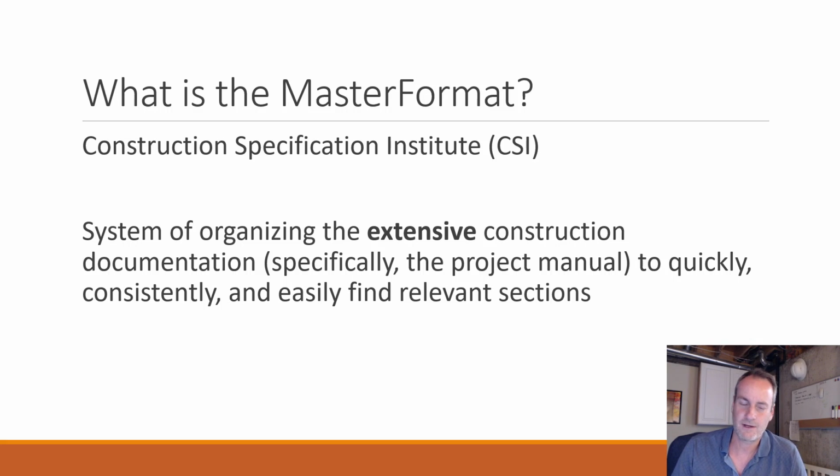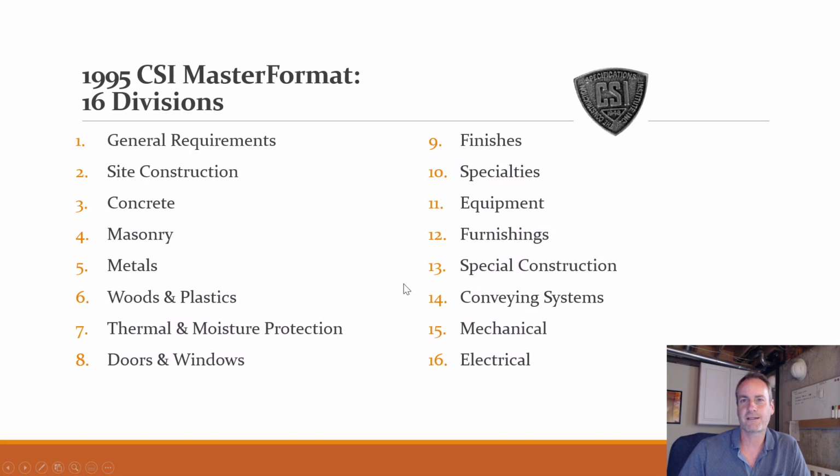If I want to find something about concrete, I know to go to section 3 and so on and so forth. This started way back when, maybe not that long before most of you were born, and it stayed the same until 95. Up until 95, it was divided into 16 primary functions: general requirements, site construction, concrete, masonry, metals, and so on.